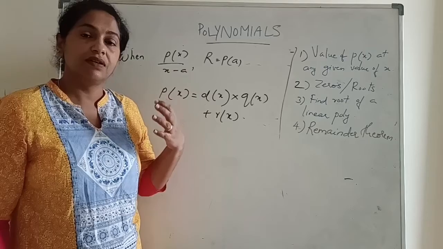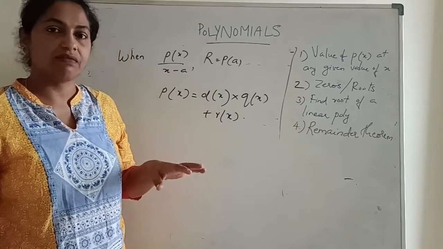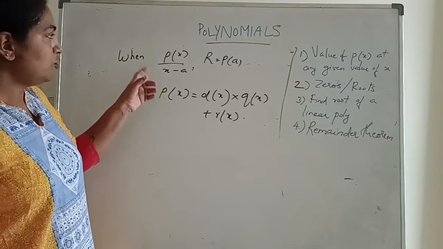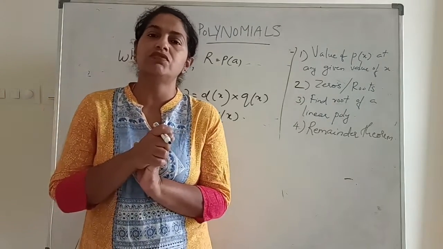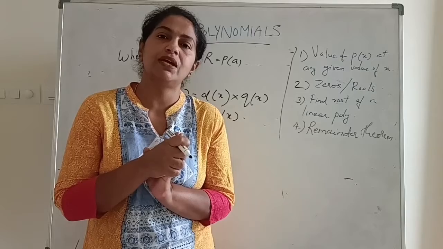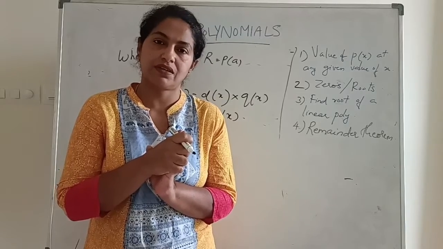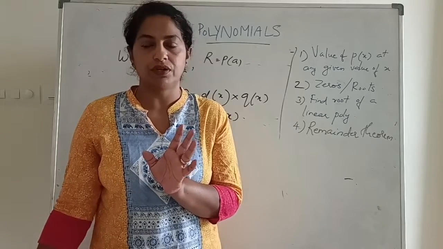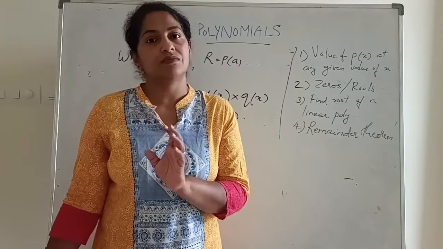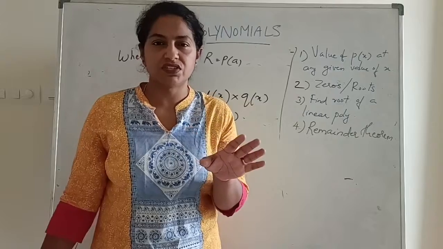The divisor is a linear divisor. It is x minus a. You also know that when you are doing long division, you stop the long division when the degree of the remainder is lesser than that of the divisor. If you have a quadratic divisor and your remainder is a linear one, you stop. If you have a linear divisor and your remainder is a number, you have to stop.